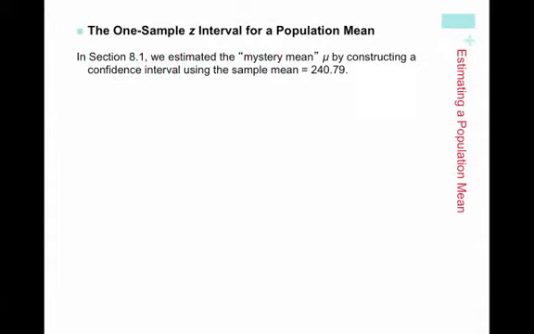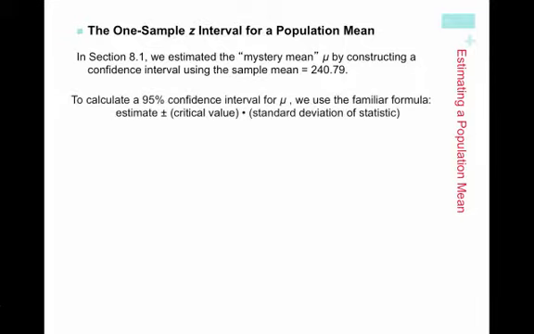So, back in the first section, 8.1, when we first introduced this notion of a confidence interval, we estimated a mystery mean for mu by constructing a confidence interval with a sample mean of 240.79. You can look back at those notes if you need to. So remember, to calculate our 95% confidence interval for mu, we're using this formula. We saw it in 8.1. We saw it when we were estimating our proportions.